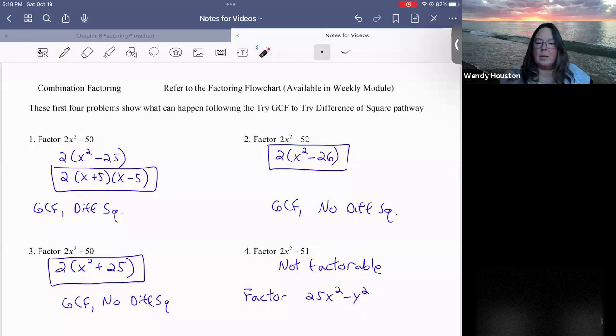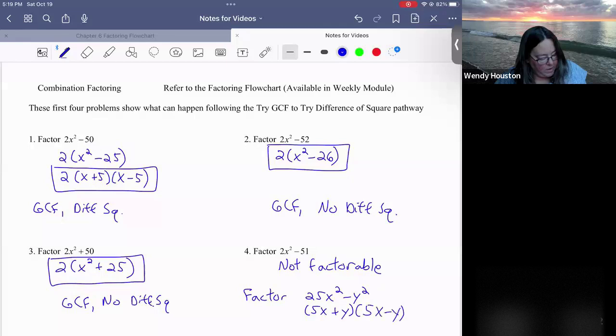Sometimes it's just a quick check and it's almost intuitive where you just see that doesn't work very well. So we tried, didn't work. Then because we have 2 terms, we're looking for difference of squares and we can break that up. So this would be 5x plus y times 5x minus y. That would be an example of the pathway where there's no GCF, but difference of squares works.